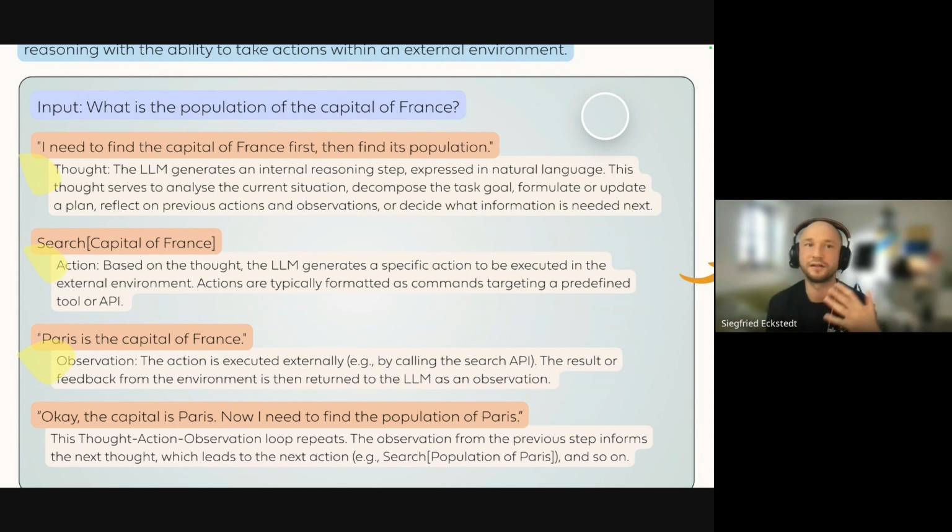It's Paris. And then, what is the population of Paris? So at first, the model is instructed to share its thought: I need to find the capital of France first and then find its population. So this is the thought first. Then it's instructed to trigger an action. Here, it's a search action of the capital of France.